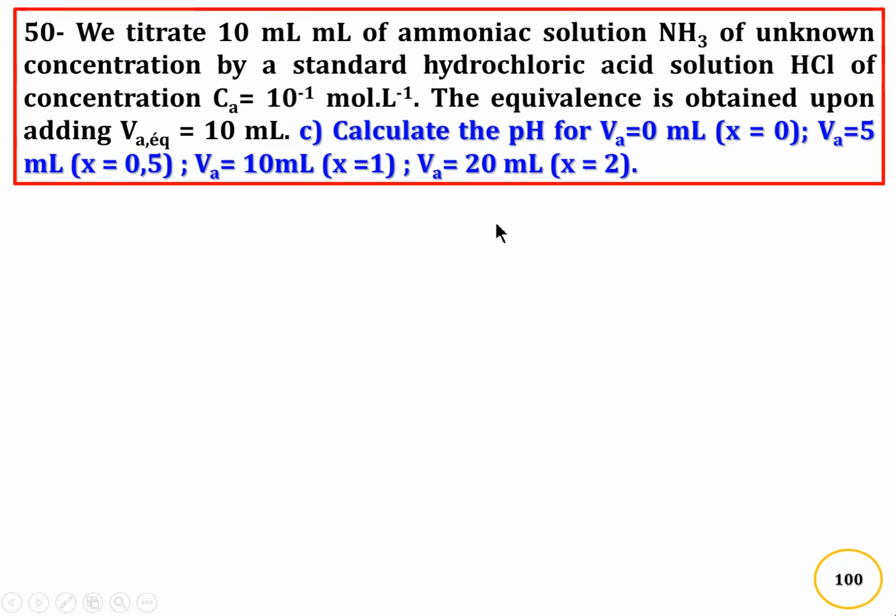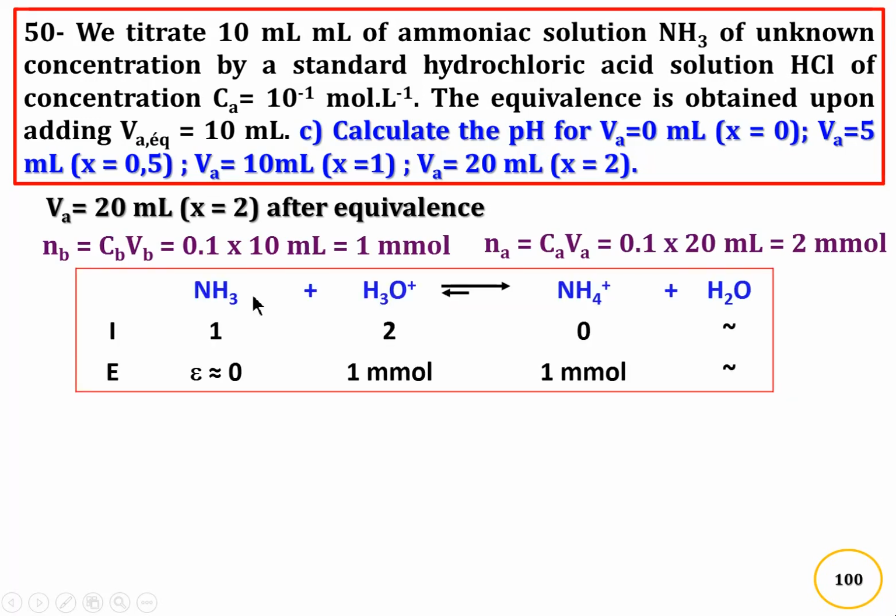At V equal 20 ml, so X equals 2, we are after equivalence. That means all ammonia in the solution has been disappeared or completely reacted, and the acid HCO plus will be in excess. So we write the table of conversion.